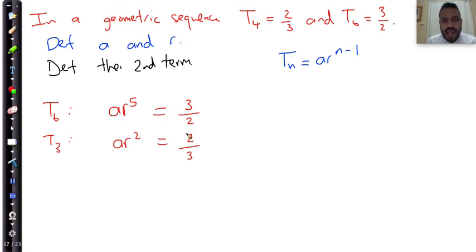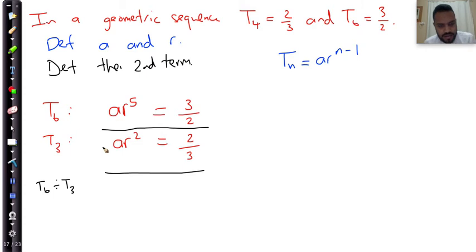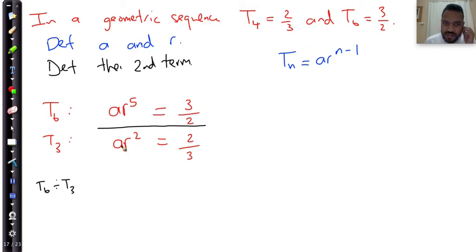Let's see what happens if I divide T6 divided by T3. So I'm just going to draw a line here, and that means I'm taking this whole equation as if that's a division sign, and I'm dividing it. I'm saying AR, okay, let me just put that line on top, and I'm dividing the entire thing. So A divided by A just gives me a 1, right?